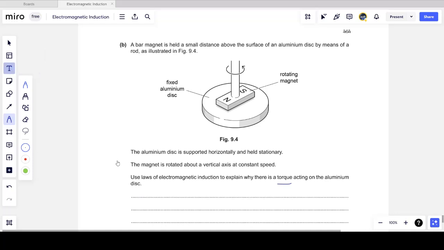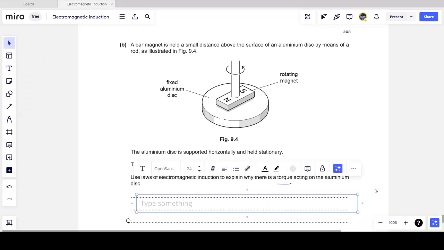So again, I'm going to go to my ideas about electromagnetic induction. So first thing I say, like I always like to say, is that lines of magnetic flux are cut by the disk. When this happens, this induces an EMF in the disk.